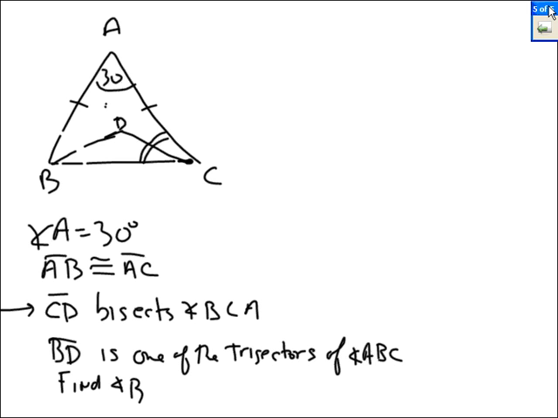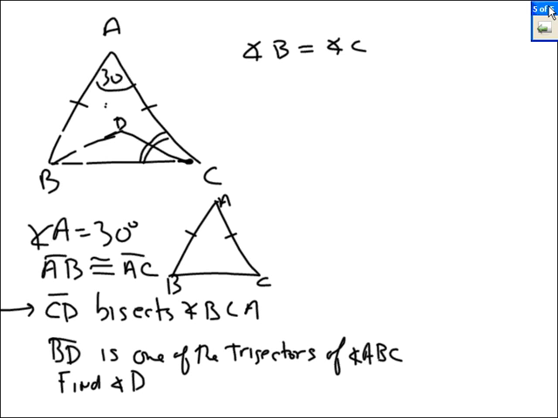Now, basically, probably more interesting to find angle D. Okay, the first thing is I want to find angle B and C. We know that angle B equals angle C because the big triangle has two sides equal, which means the opposite angles are equal.